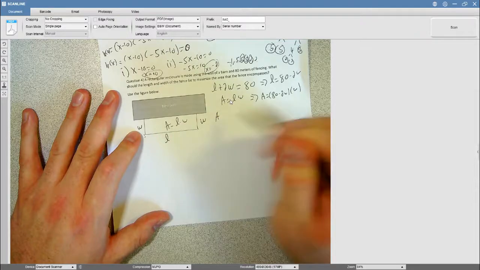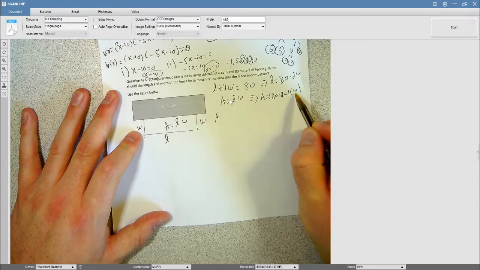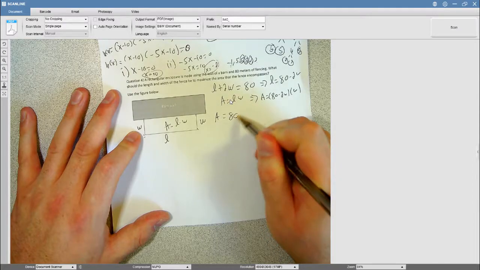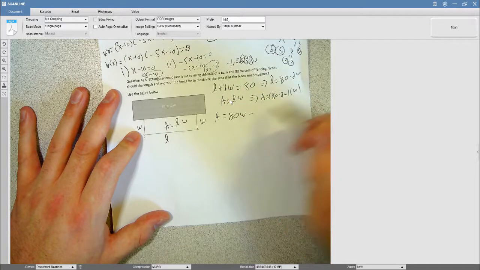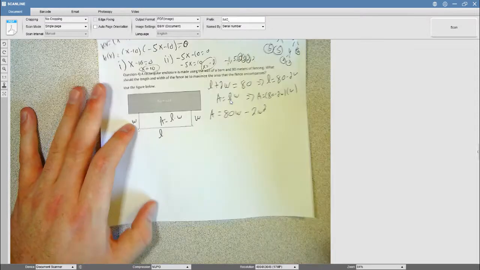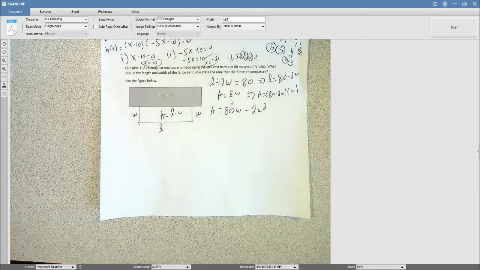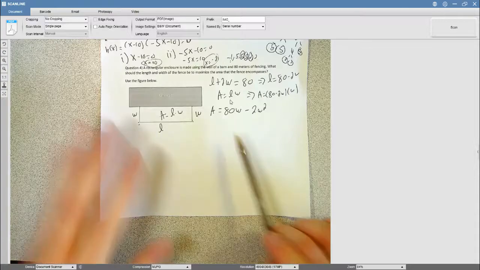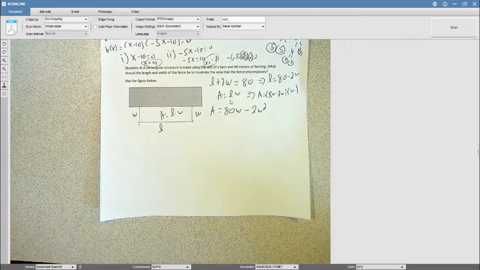So let's go ahead and simplify this. Let's distribute this. So 80 times w is 80w, minus 2w times w is 2w squared. Okay. Now, again, if we want to find where this area is maximized, we need to find the vertex form of this equation.